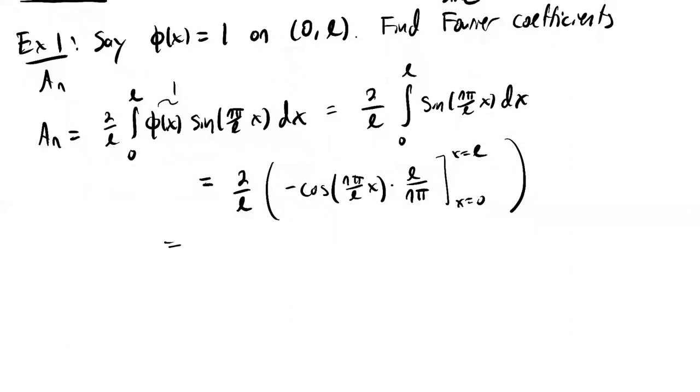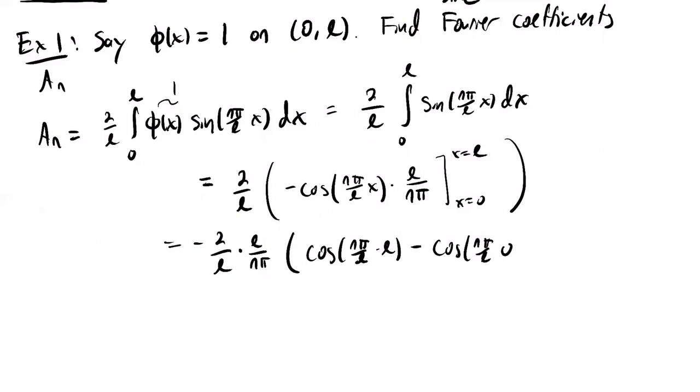Right, and so this ends up being, well, let me pull out the negative sign. So I have negative 2 over L times L over n pi, and then I have cosine of n pi over L times L minus cosine of n pi over L times 0.